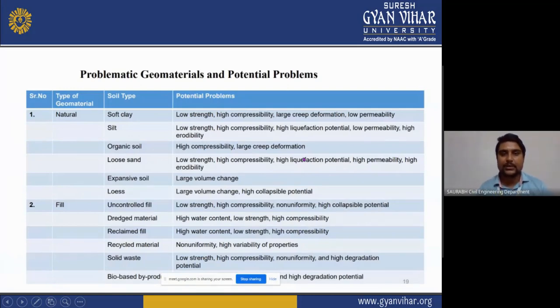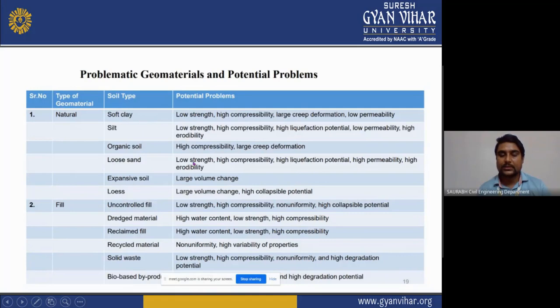What are the problematic geometries and potential problems? First one is here, the type of geometry and soil type. As you can see, what is the potential problem? If the soil is natural soil, soft clay, it may be silt, it may be organic soil, it may be loose sand, it may be expansive soil.